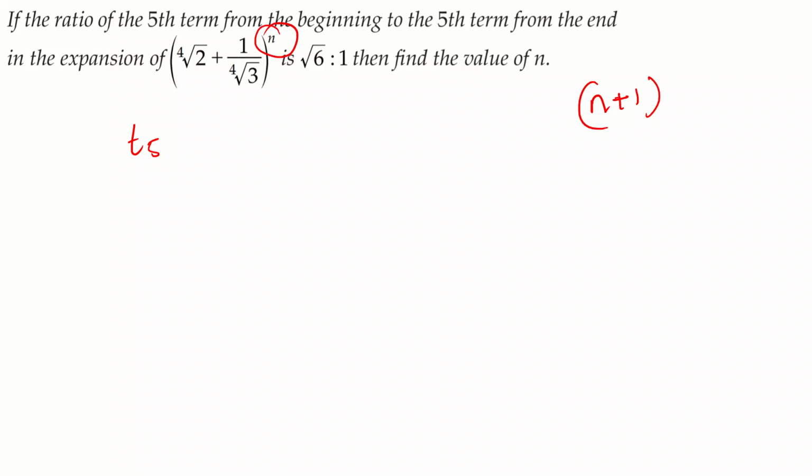Just like I told you, if there are 13 terms in some expansion, remember n plus 1 is the total number of terms in the expansion, because (a plus b) whole square has total 3 terms, (a plus b) whole cube has 4 terms, so (a plus b) to the power of n has n plus 1 terms. So if you expand this, you will have n plus 1 terms as a whole.